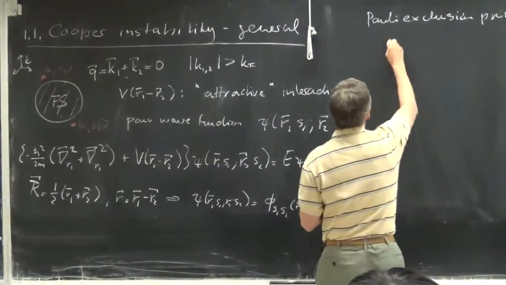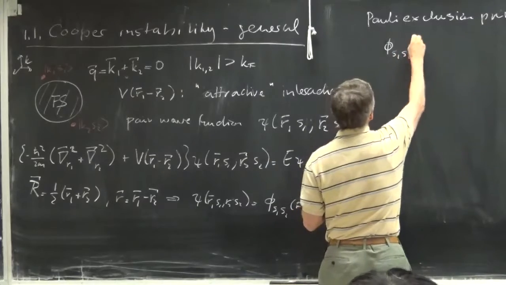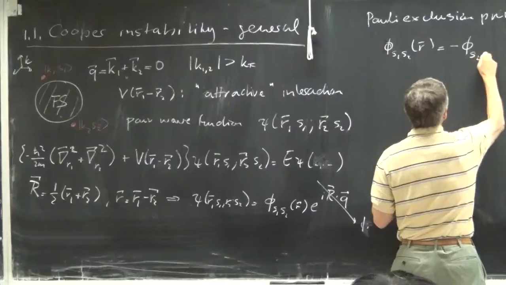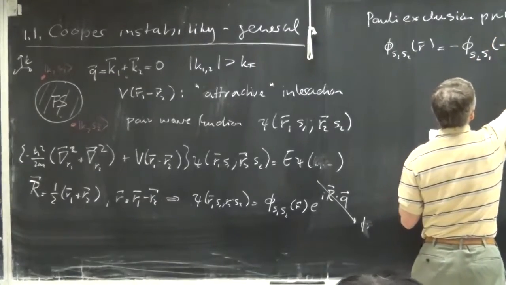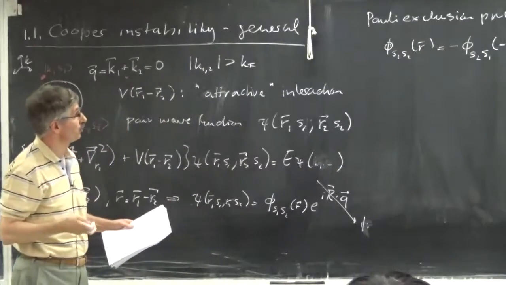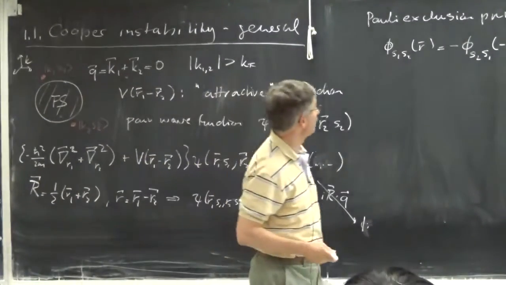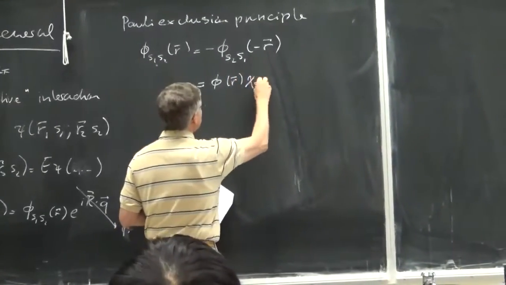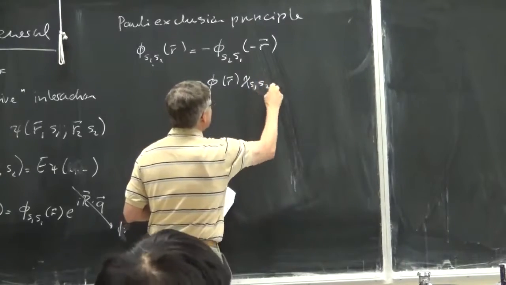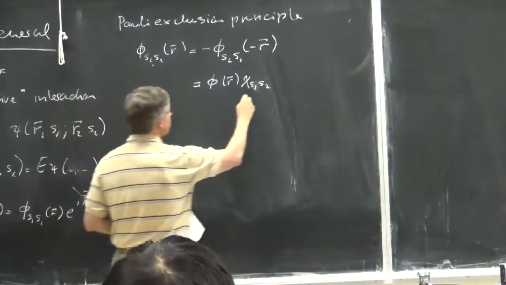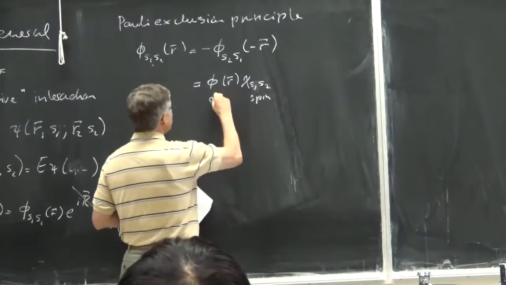So psi S1, S2 of R should actually be antisymmetric if I exchange the two particles. So if R1 and R2 are exchanged and these two spins are exchanged, it should be antisymmetric. Now, I can write this wave function also as a product of spin and the orbital part. So this is spin, and this is the orbital.